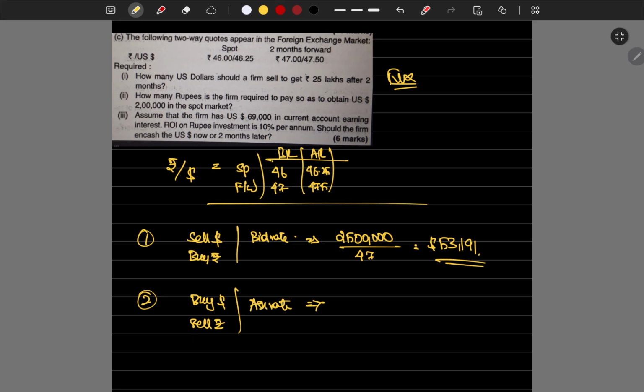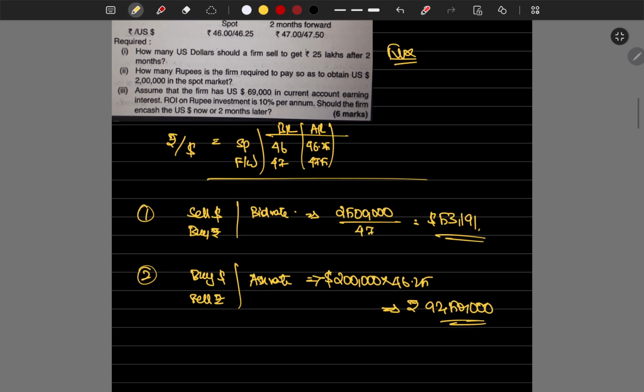How many dollars do they want in the spot market? 2 lakh dollars into the ask rate in the spot market, 46.25, which is rupees 92 lakh 50,000 they have to pay.